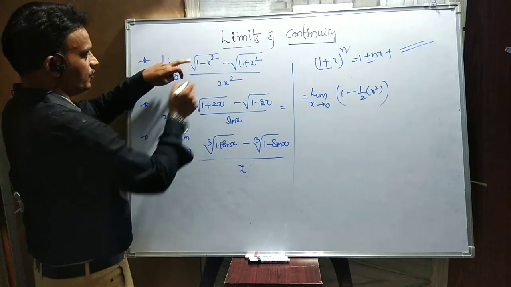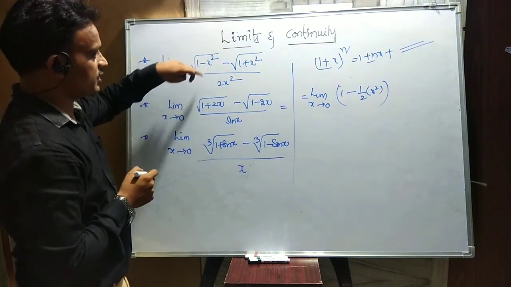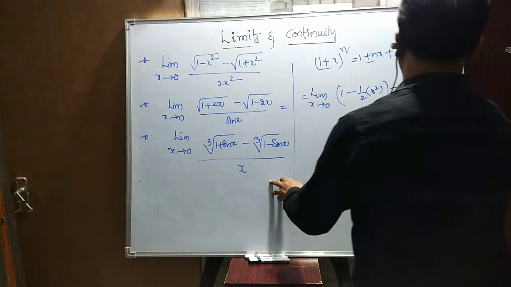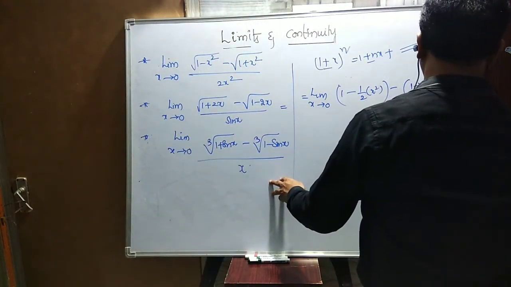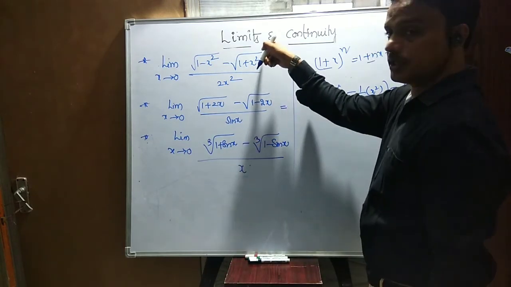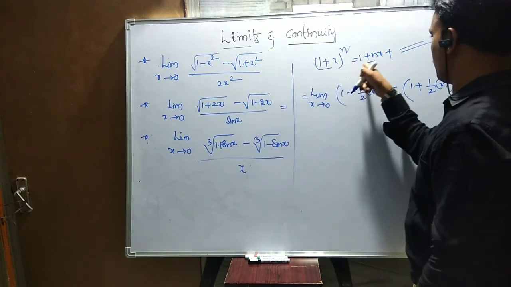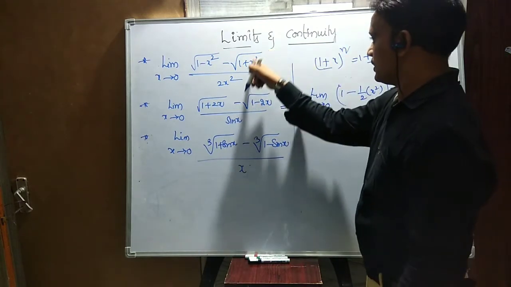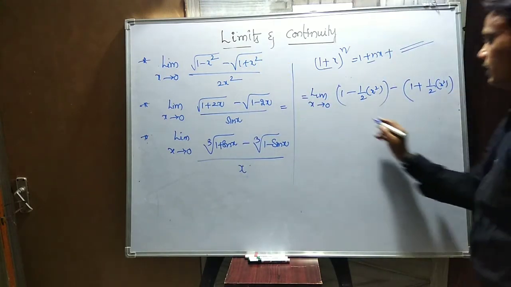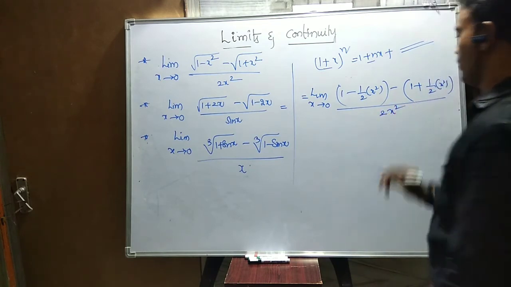Whole power 1 by 2, 1 minus nx, n is 1 by 2 here, so 1 by 2 of x square, minus of, and what about this one? 1 plus x square whole power 1 by 2. Here in that case, n value is 1 by 2. So 1 plus nx, 1 plus 1 by 2 with x square, divided by the denominator 2x square.